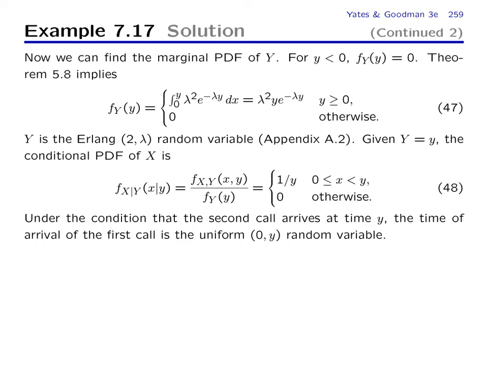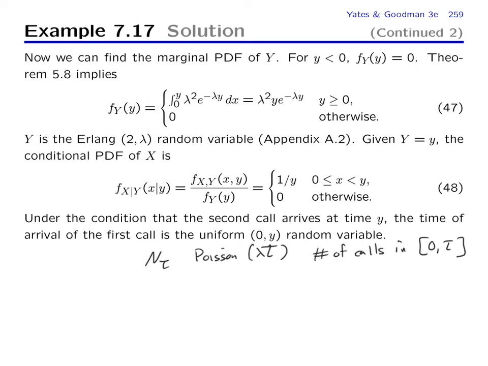As a side note, I can't help but mention that this problem is connected to an earlier part of the book where we represented the arrivals of telephone calls at a switch by a Poisson random variable N tau, which had a parameter lambda tau, the expected value, and it was the number of calls in 0 to tau, in an interval of length tau.